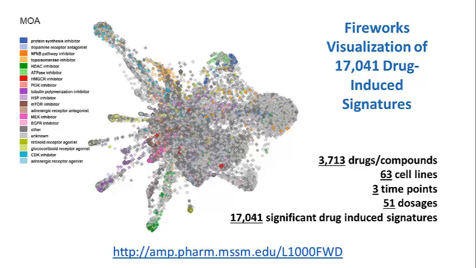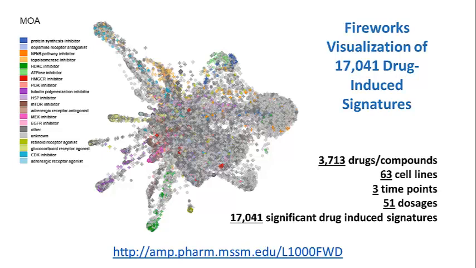And in this plot you see 17,000 points, but here every point is a signature. So a signature means that it's a specific drug, specific cell line, concentration, and gene expression was measured at a specific time point. And then the coloring is done by the known mechanisms of action of the drugs.